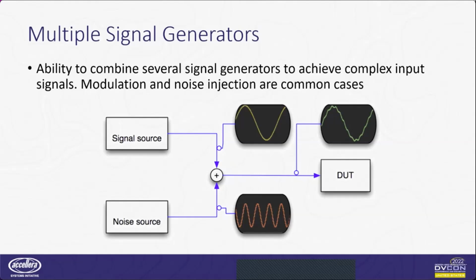So whether we're talking about modulation or noise injection, we can take these multiple signal generators, each one of which will be controlled by a transaction or a sequence item generated by the sequence through a driver that will control the different generators. And from that, we can create these interesting kinds of signals.